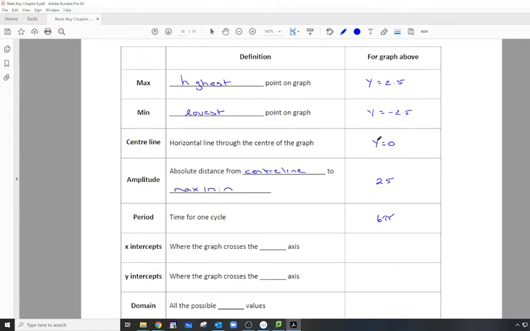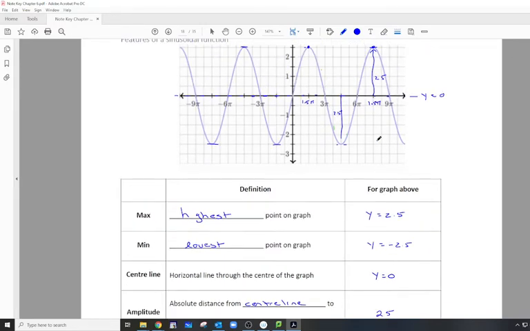The next thing is the x-intercepts. So x-intercepts is where your graph crosses the x-axis. So if you look up here, you've got an x-intercept at 0, you've got another one at 3 pi, at 6 pi, at 9 pi, at negative 3 pi, at negative 6 pi, and negative 9 pi, and so on. This is only a snapshot of the entire graph.